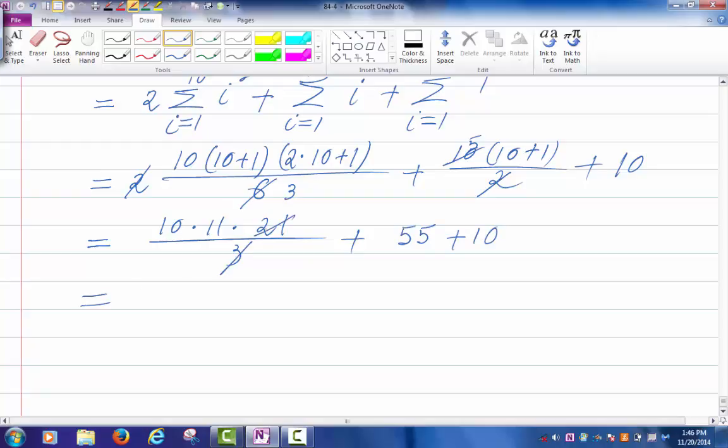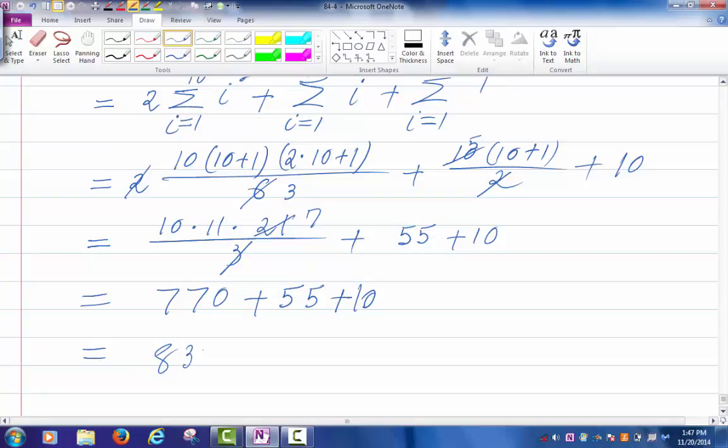And 3 and 21 reduces to 7. So what do I have? 770 plus 55 plus 10, which is equal to what? 835.